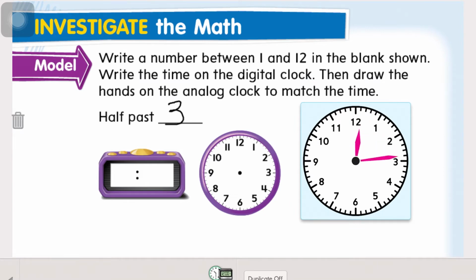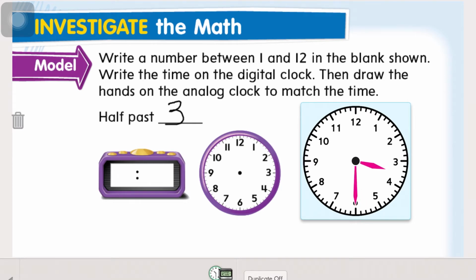I always like to start at the top of the hour. So here we are, that's kind of like 3:01, 3:00, right? And now we need it to be 3:30. So if we're halfway past 3 o'clock, then we are at the 6 down here, right?